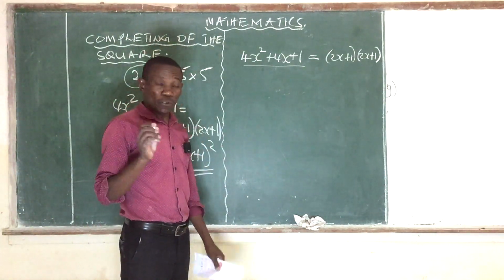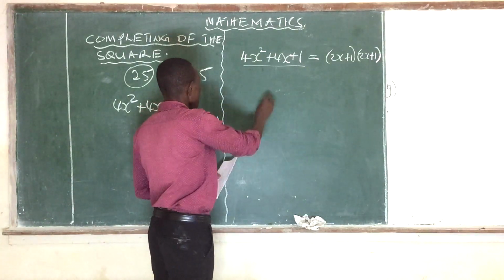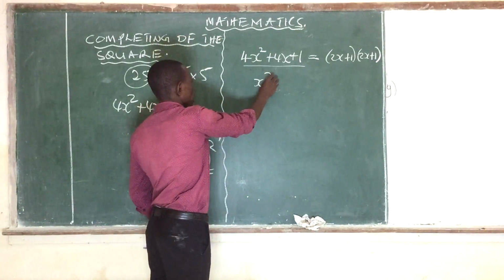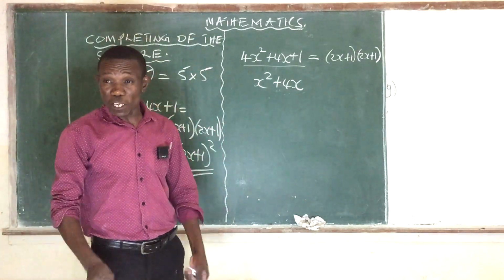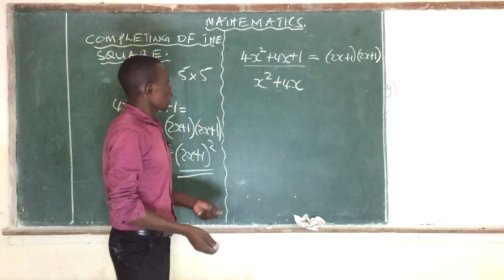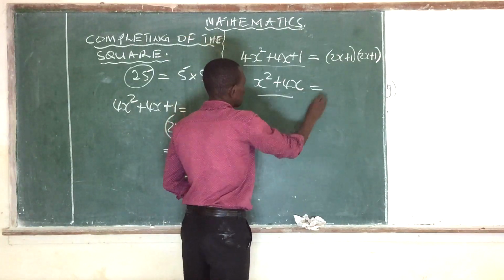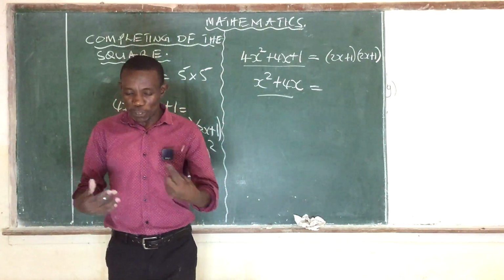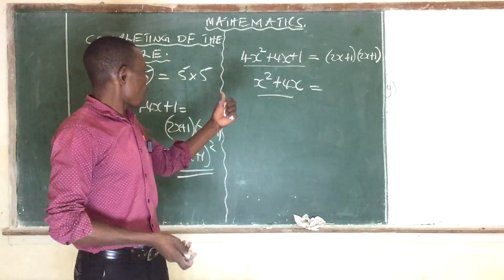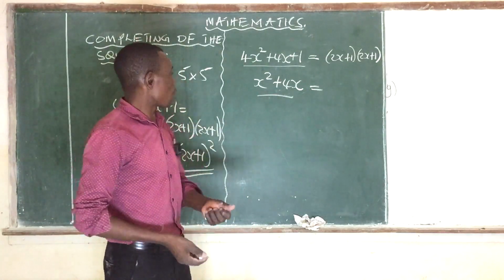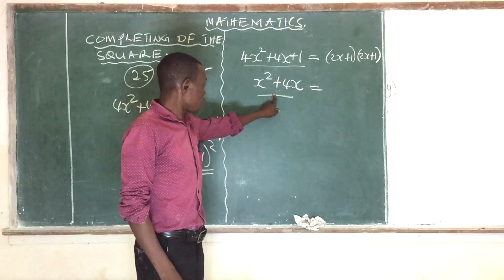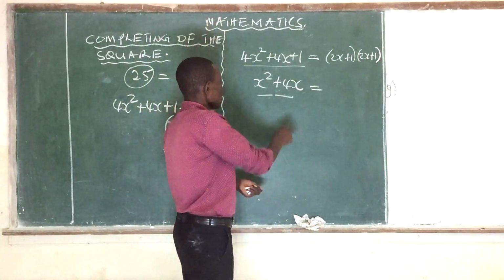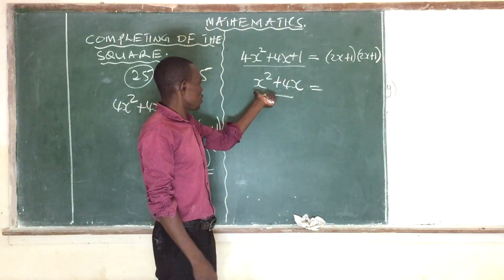Look at this one here, x squared plus 4x. That is also a quadratic expression. To factorize this one is simple. We can use the mechanisms we used in Form 1, whereby we factorize by dividing by the common factor. It won't go by the grouping method we discussed. You just identify what common factor goes into the two terms.